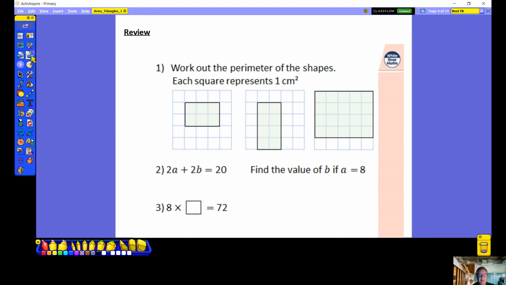Work out the perimeter of the shapes. Each square represents 1 centimeter squared. Even if it's not to scale, each one of these is 1 centimeter squared. Have a go. Okay, let's see how you did.